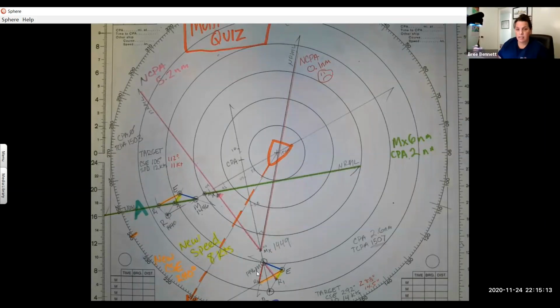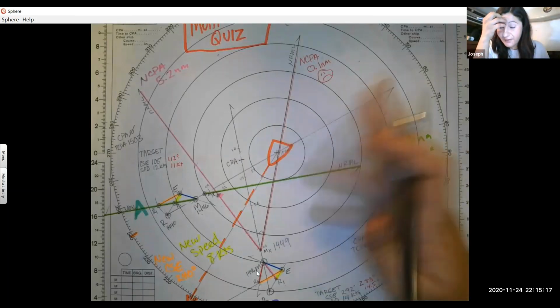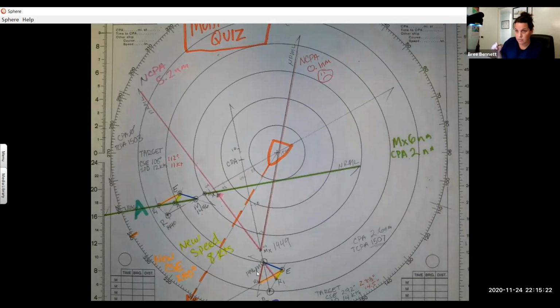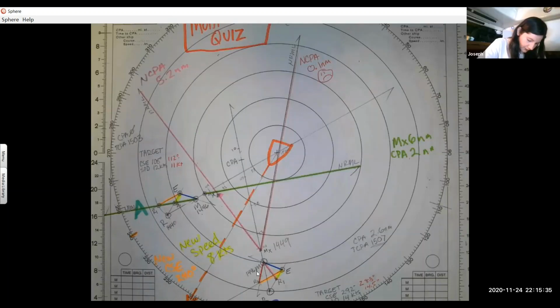So that's going to be a distance. Oh, so it's not asking for time, it's asking for the distance? Correct. TCPA is a time. Just regular CPA is a distance in nautical miles. Okay, that's what I was confused about. Got it. It's a distance.